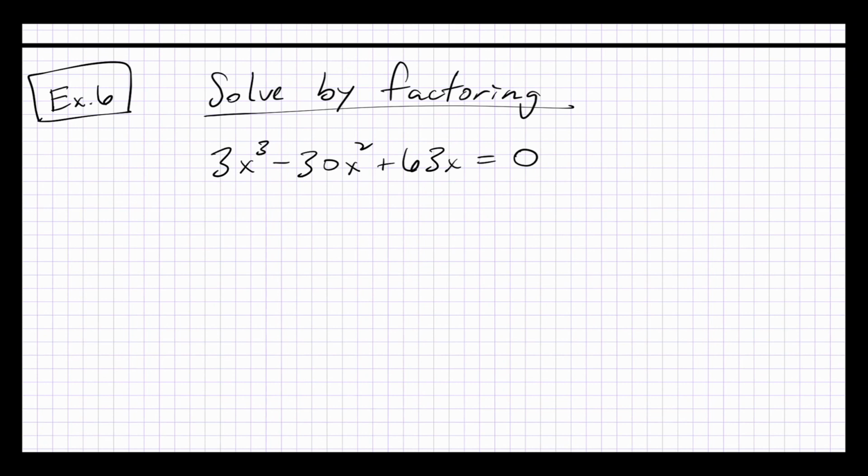All right, here we go. Last one. All right, so divide by, let's see, GCF would be 3x. That would be x squared minus 10x plus 21.